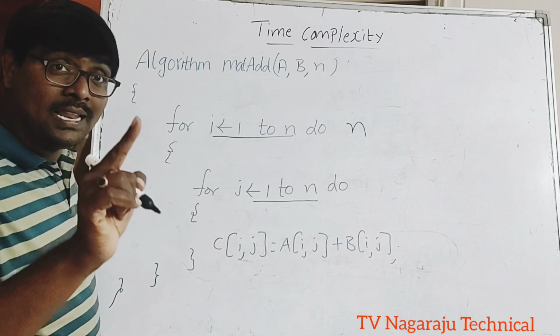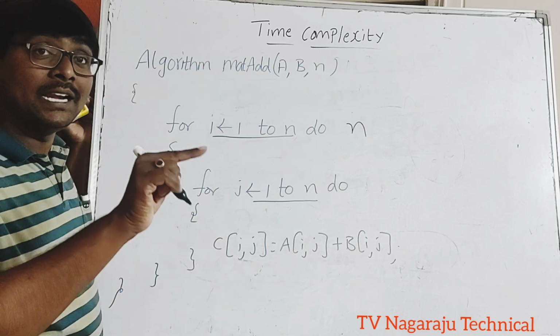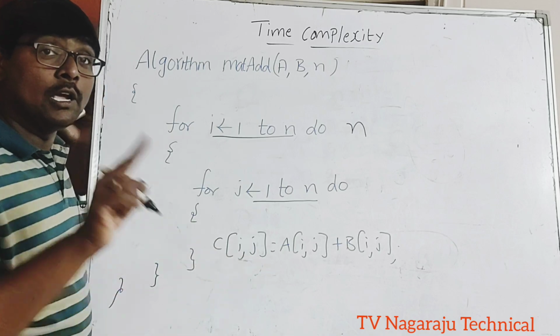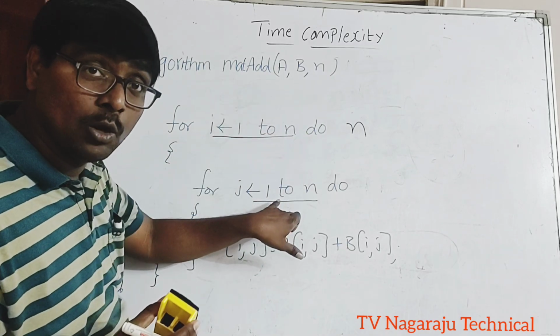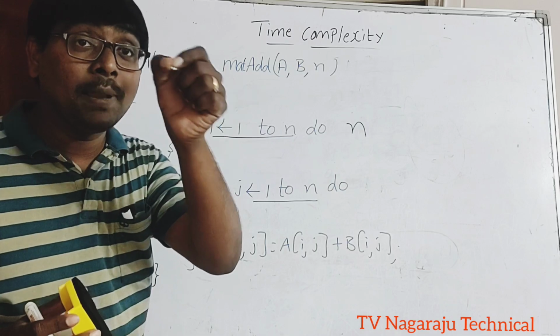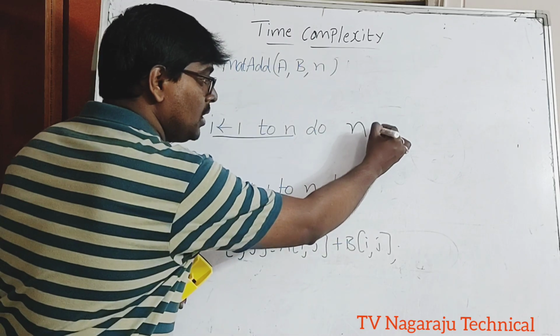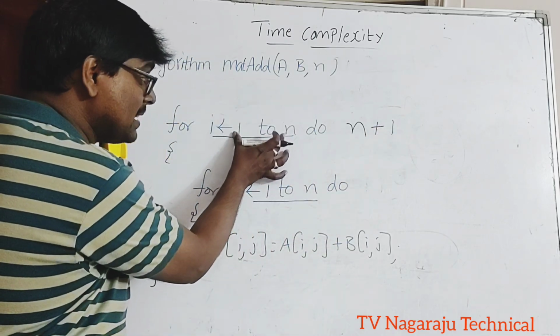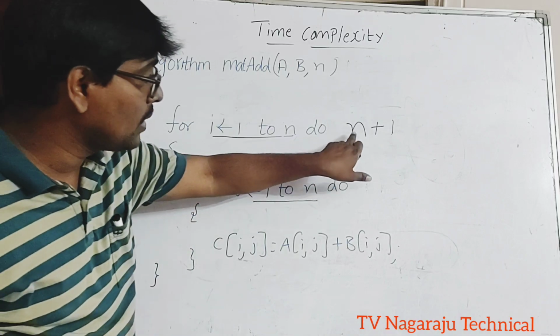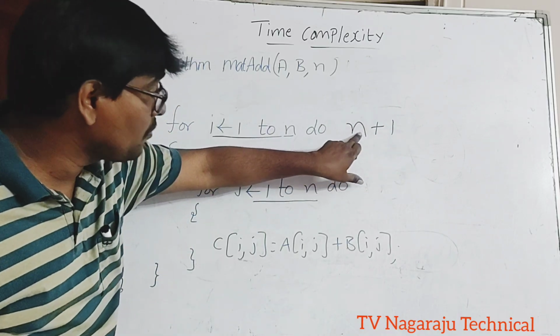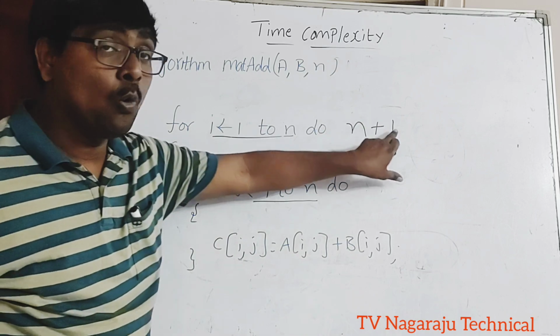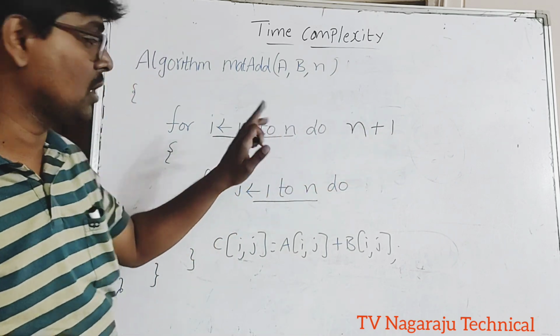Remember, for all n times the condition is true. And one more case is there, where it does not enter the loop, that is n plus 1. You got the point? So finally this statement is executed n plus 1 times: n times for the true condition, 1 time for the false condition.